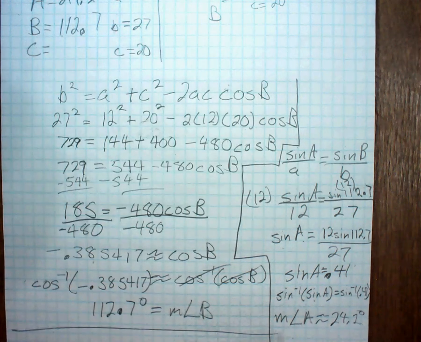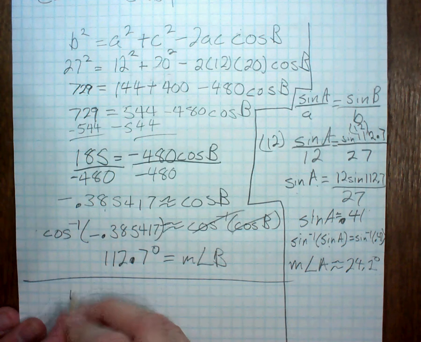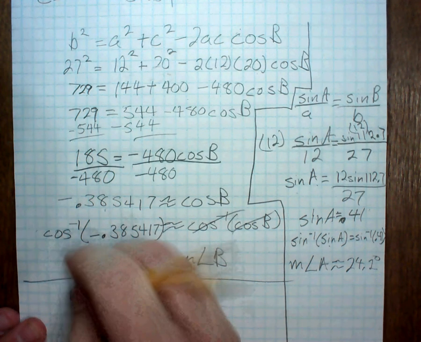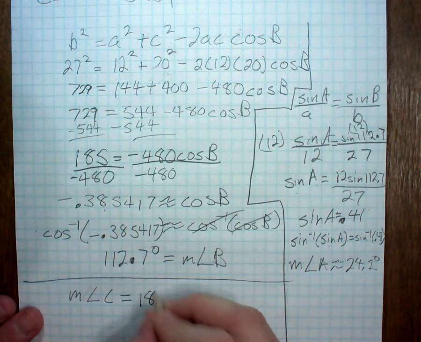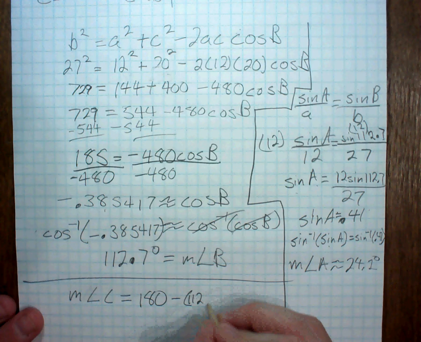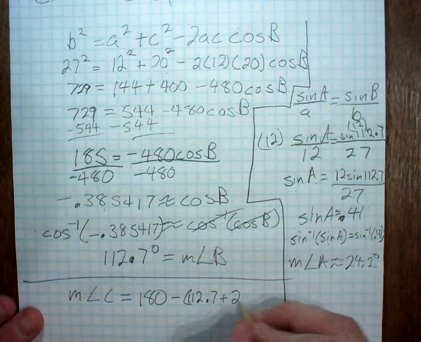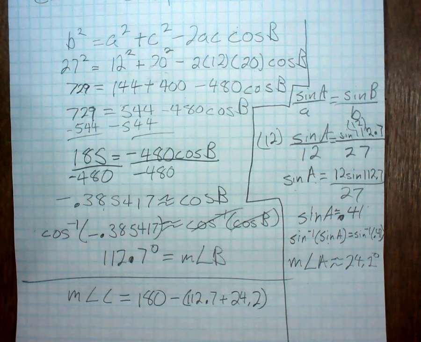And then to find the measure of angle C, we know that the measure of angle C is equal to 180 minus the quantity 112.7 plus 24.2. And I get 43.1.